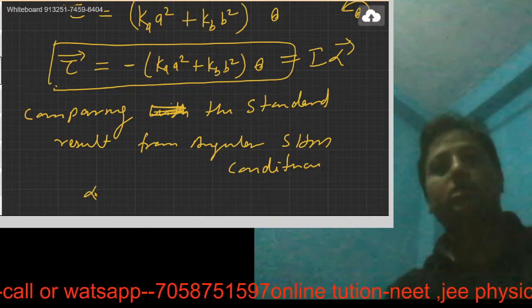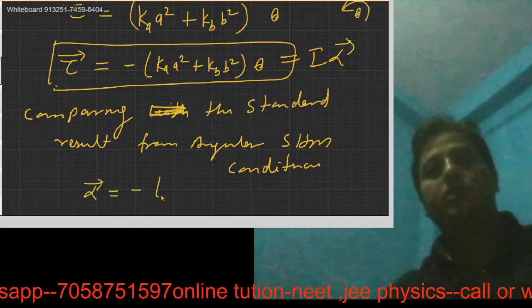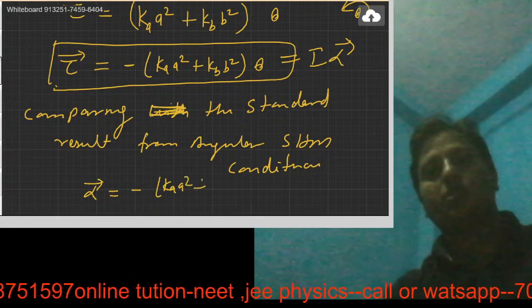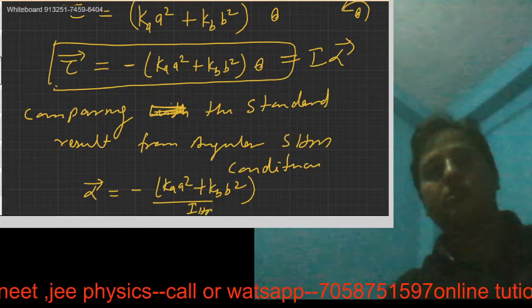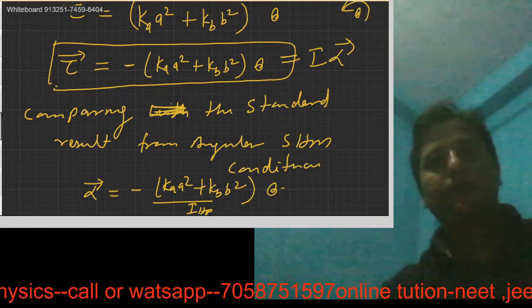So alpha is minus Ka A square plus Kb B square, divided by I about the hinge point, into theta.